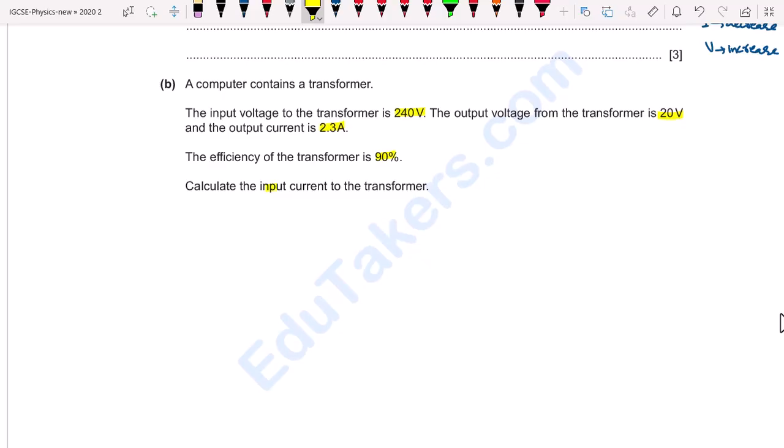Here we have to calculate the input current. We know that power is the product of current and voltage, P is equal to IV. Here efficiency is given, and efficiency E is equal to output power over input power multiplied by 100.